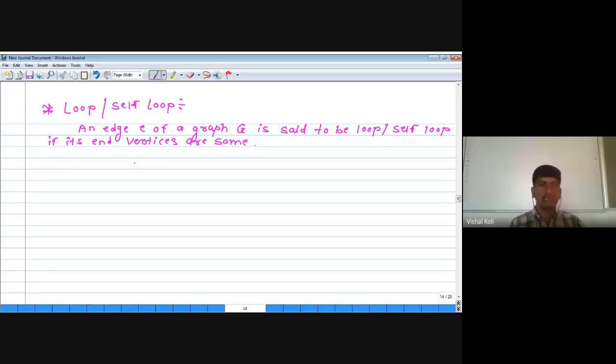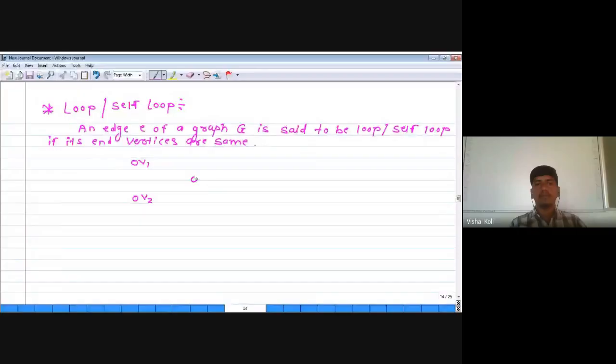Okay, suppose there is one graph with vertex V1.